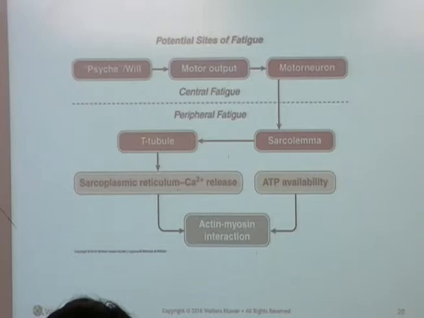I'm getting bored, or I'm demotivated, and so that impacts the motor output. How many motor neurons do I turn on? If I turn on fewer motor neurons, then I get less force output at the muscle.